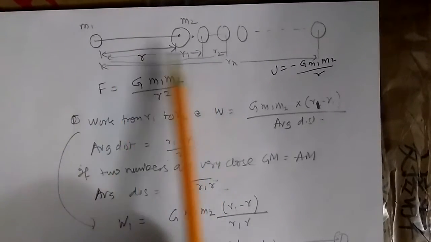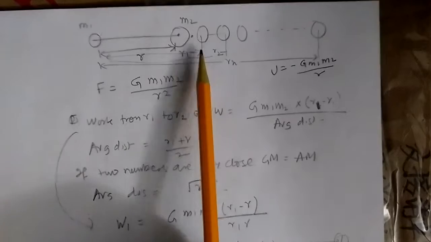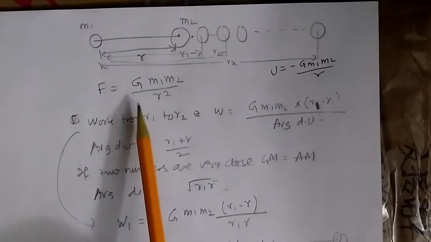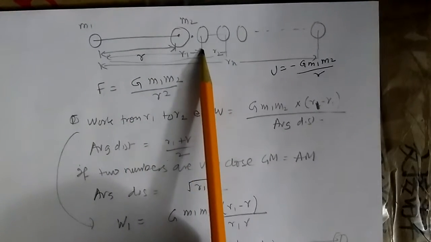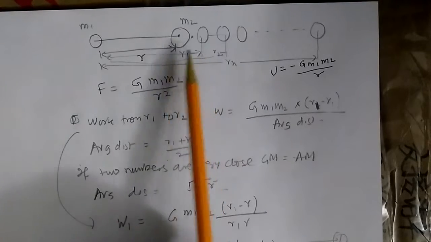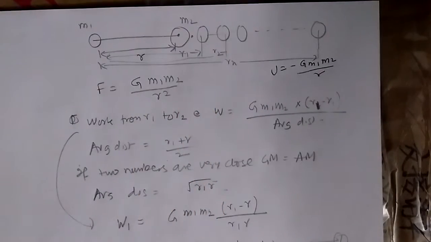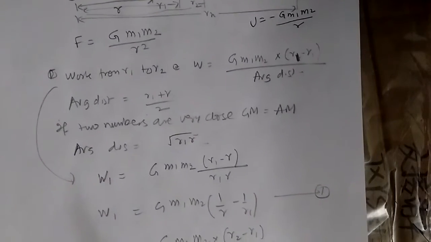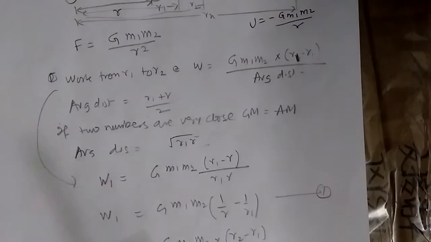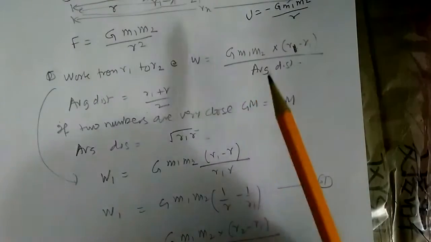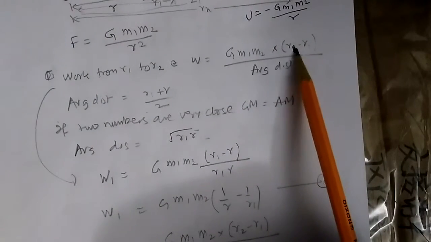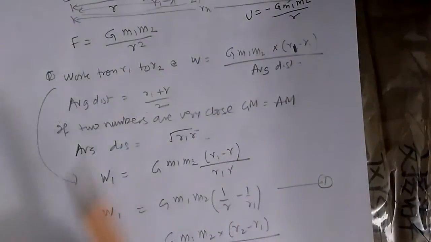We will have to do some work, and that work is given by this force F multiplied by r1 minus r, because work done is equal to force into distance. Now we have this work G m1 m2 multiplied by r1 minus r.